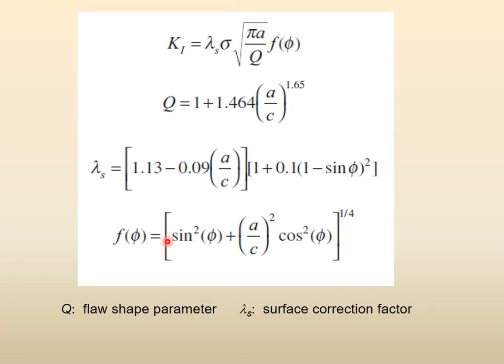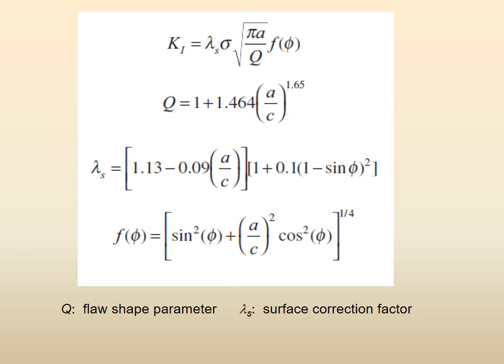Here this term will go away, and so on. This whole thing will not be there actually. So this is the generalized form for an elliptical crack, and this means that the remote stress sigma can be converted into the local stress intensity K1. So the relationship of K to the global conditions.